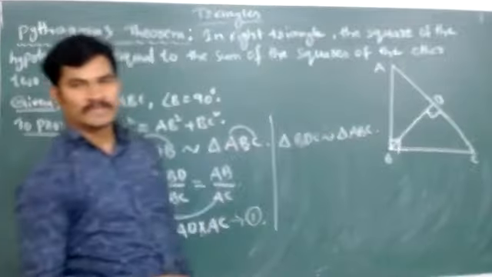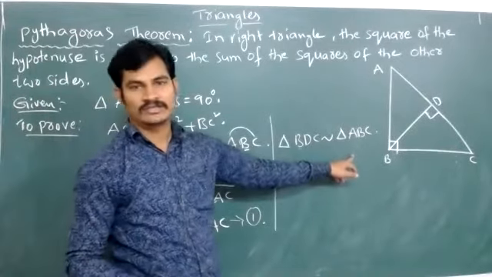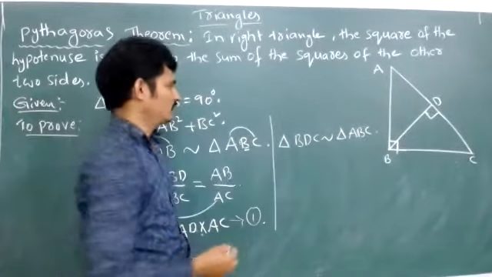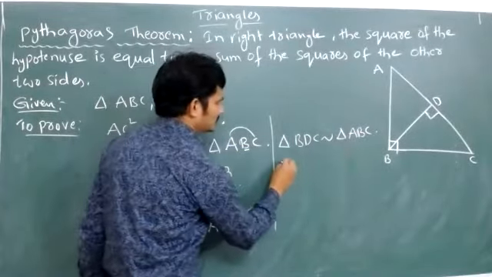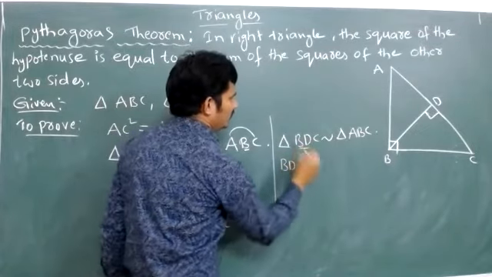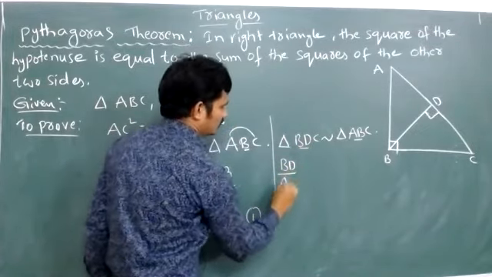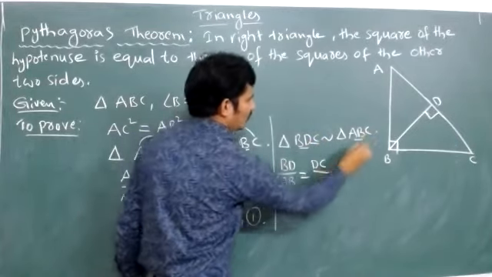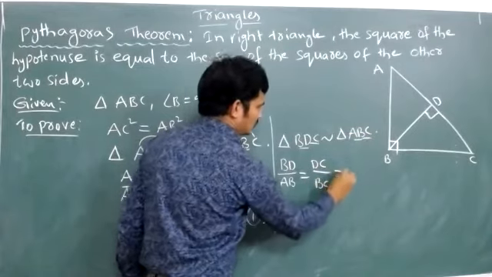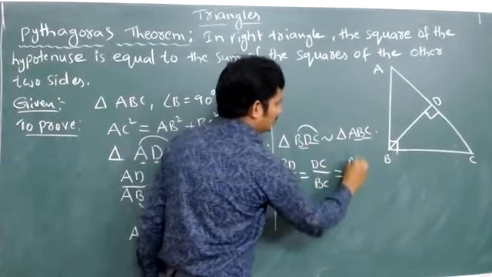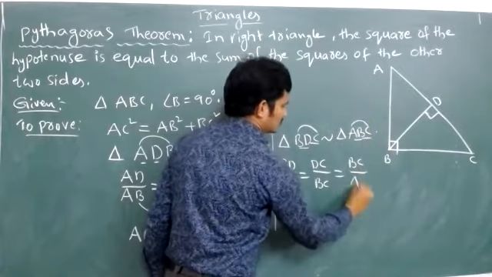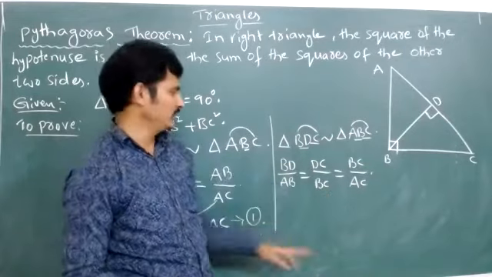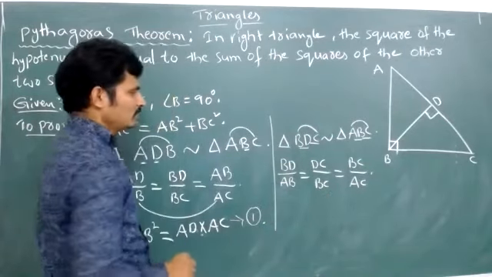If two triangles are similar, by CPST the ratios of corresponding sides are equal. That is, BD upon AB is equal to DC upon BC, which is equal to BC upon AC.